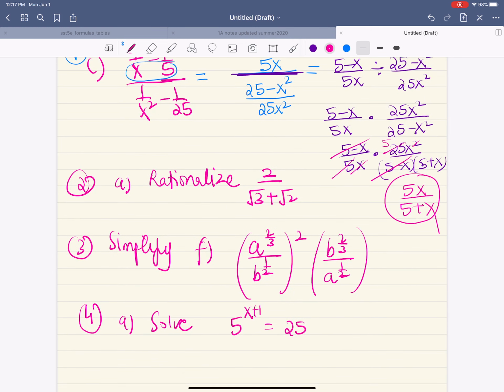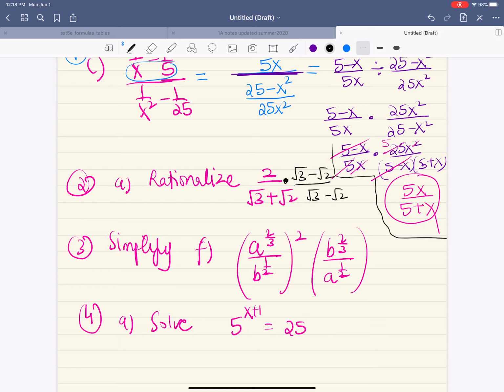Next one is rationalize. So I'm supposed to rationalize that fraction here. Whenever we need to rationalize the denominator, you have to read carefully. Sometimes you are asked to rationalize the denominator. Sometimes you're asked to rationalize the numerator. In this case, it's the denominator because that's got radicals in it. So you multiply top and bottom with the conjugate.